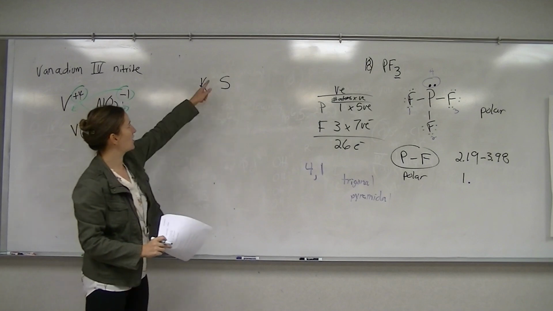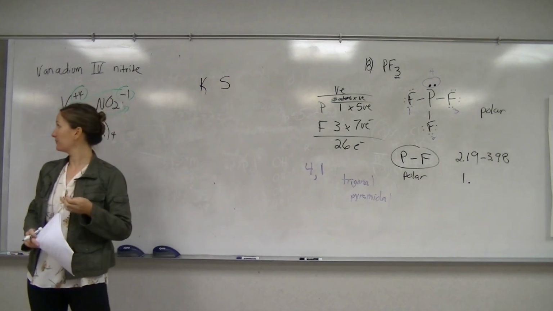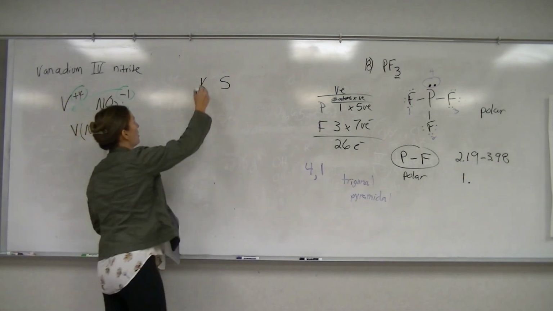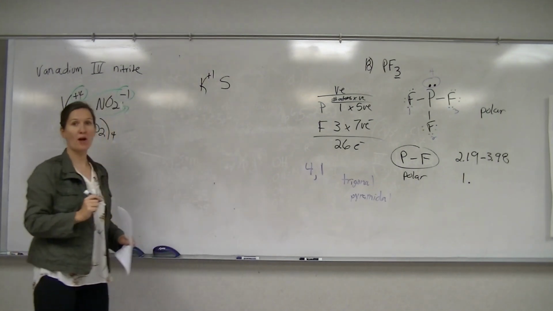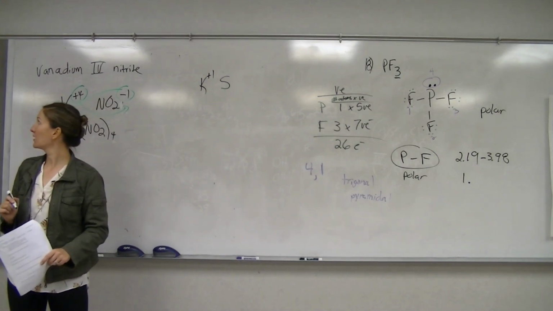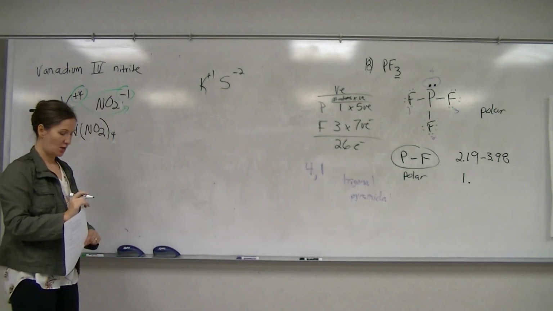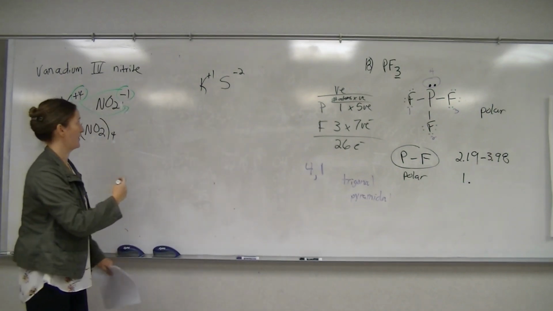But I need to know the charges. So what is the most probable ion for potassium? It's an alkali metal. So alkali metals like to form a +1. Sulfur is in group 16. It likes to form a -2 charge. So once again, you can do the crisscross method.